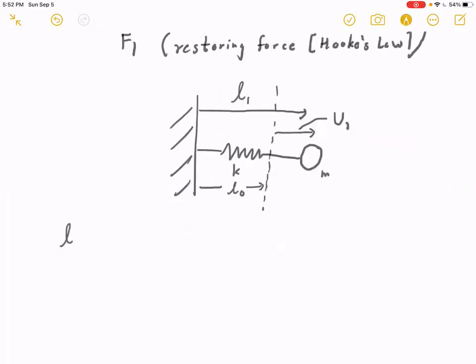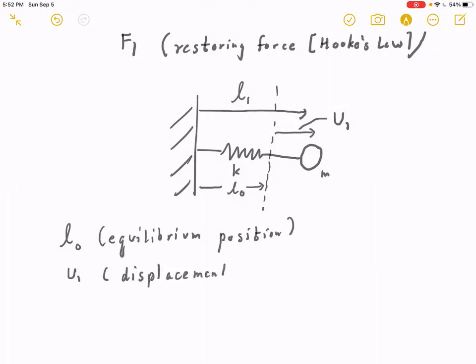So let's review these. L naught is the equilibrium position of the mass. U sub 1 is the displacement of the mass from equilibrium.